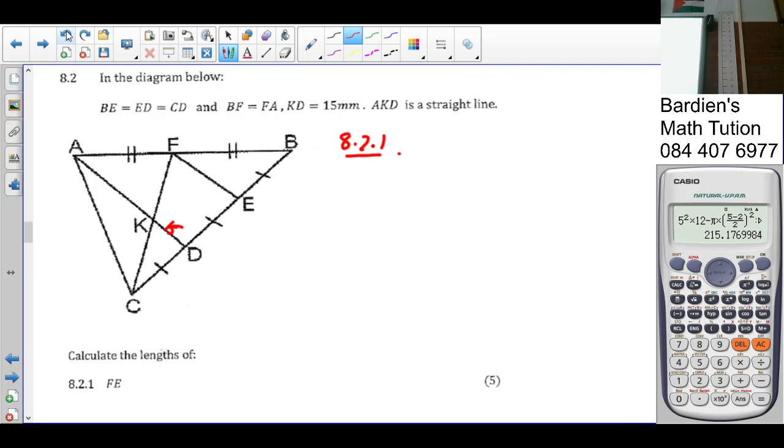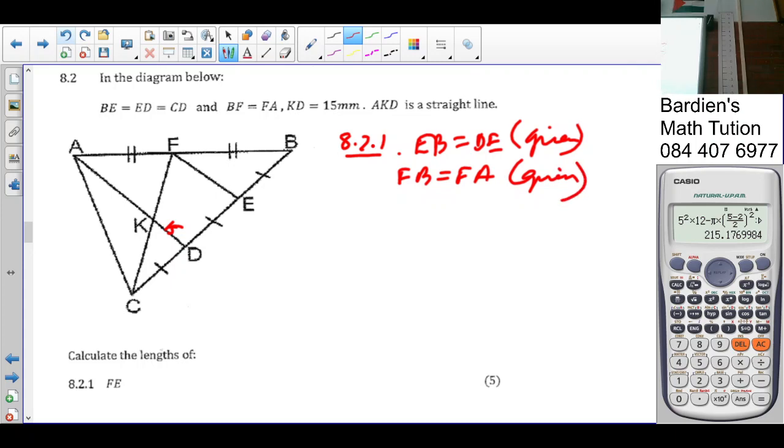However, we know that since EB is equal to DE, that was given. And then FB is equal to FA, that was also given. So therefore, FE is parallel to AD. Why? Midpoint theorem.